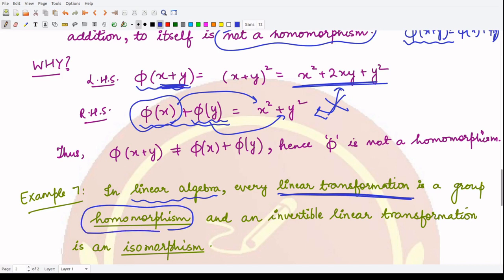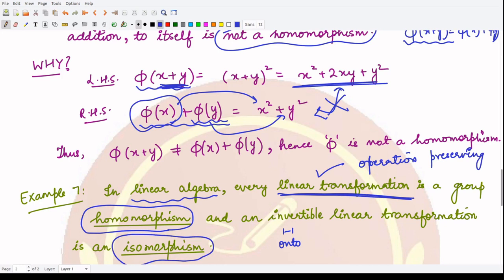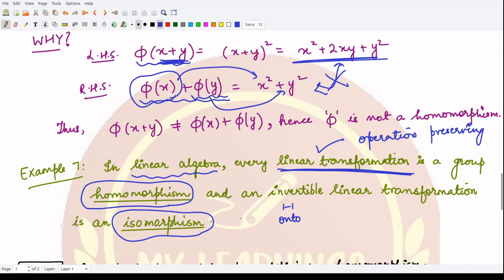And if you take the mapping to be invertible, which, if you remember, is a 1-1 onto mapping, and moreover, because it is a linear transformation, it is also operation preserving, right? Now it has all three properties, hence the invertible linear transformation also forms a group isomorphism, right? So you see how we have connected abstract algebra to linear algebra.